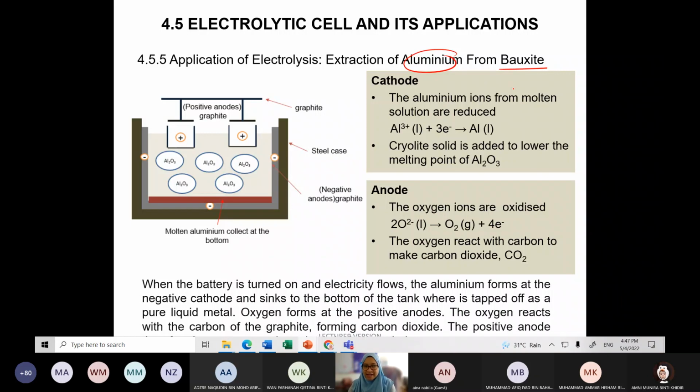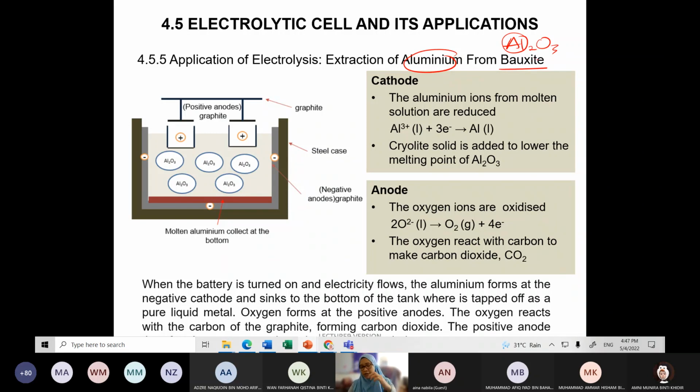Bauxite is a compound made out of Al2O3. It has aluminium and oxygen. It's a compound, so how do we extract aluminium from this compound?